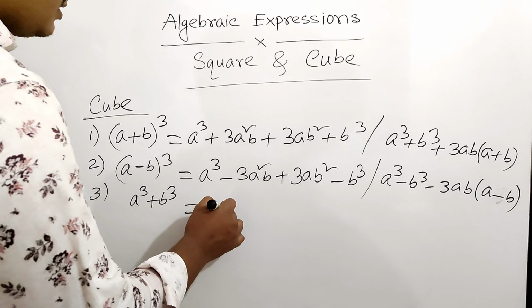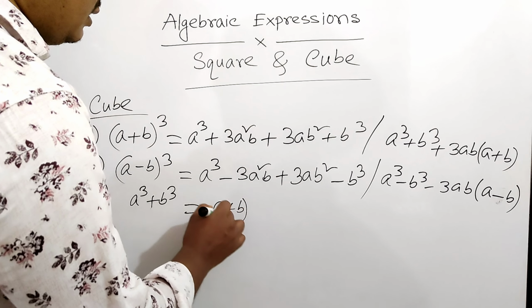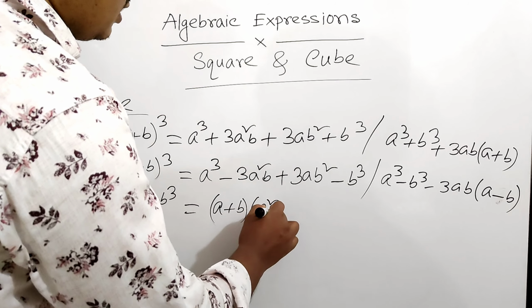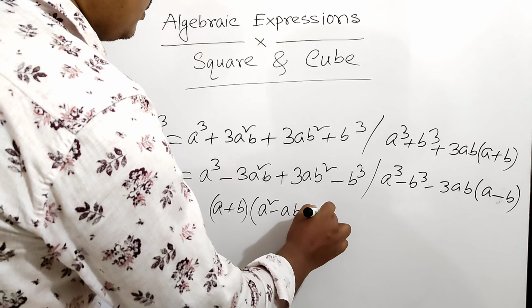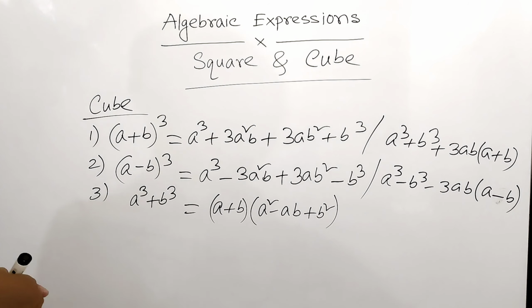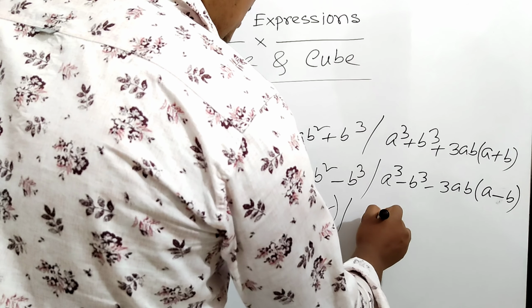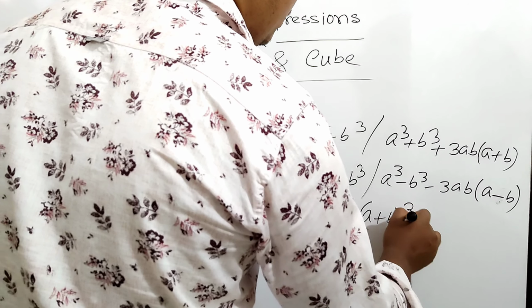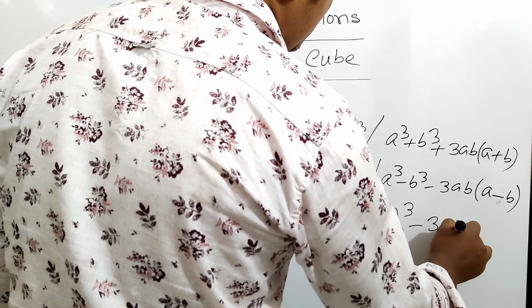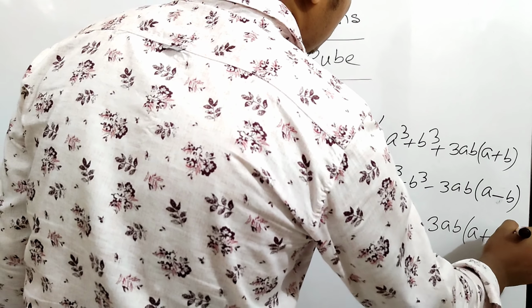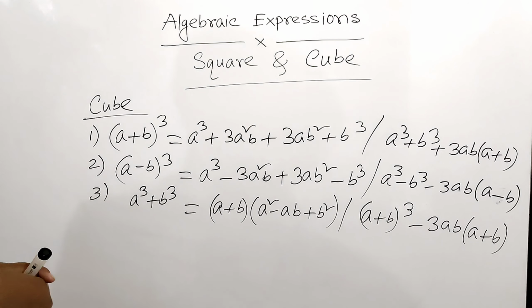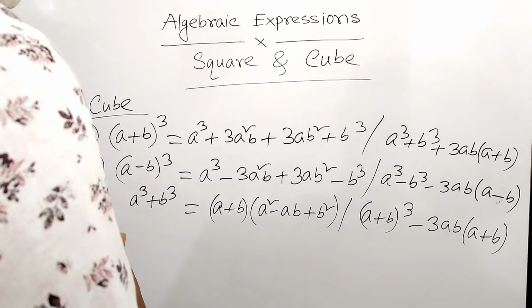Okay, first formula is (a plus b) multiplied by (a square minus ab plus b square). Actually this formula is for the factorization. Now the second formula is (a plus b) whole cube negative 3ab into (a plus b). And this formula is for finding the value of the given expression.